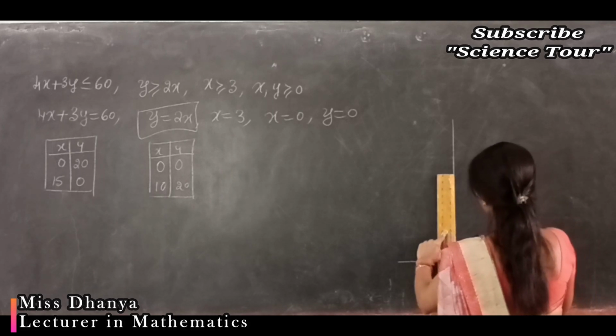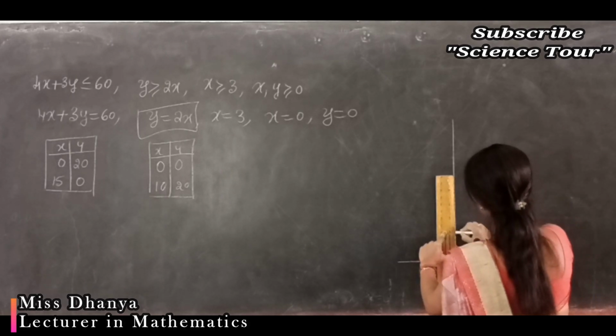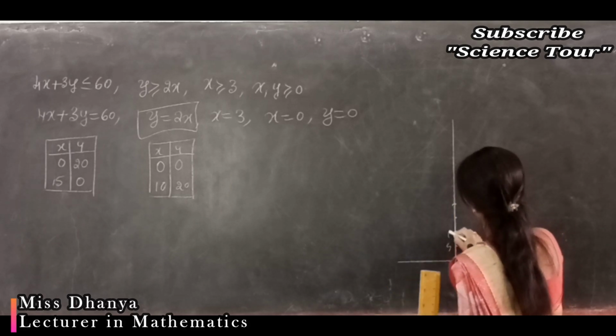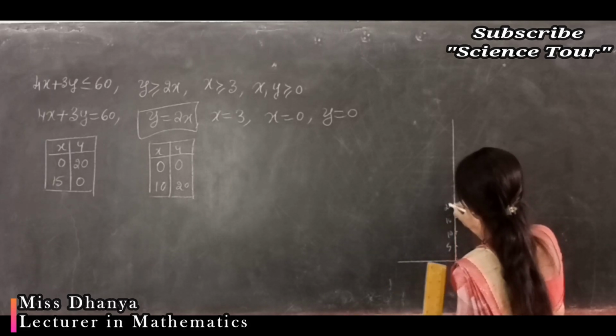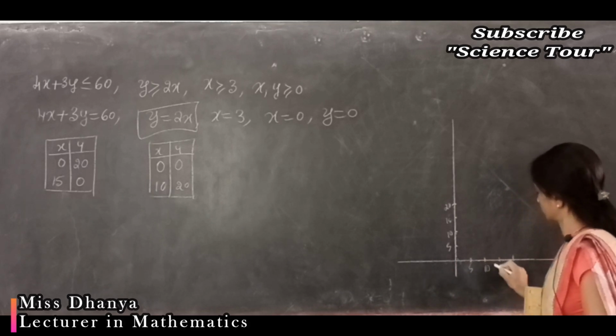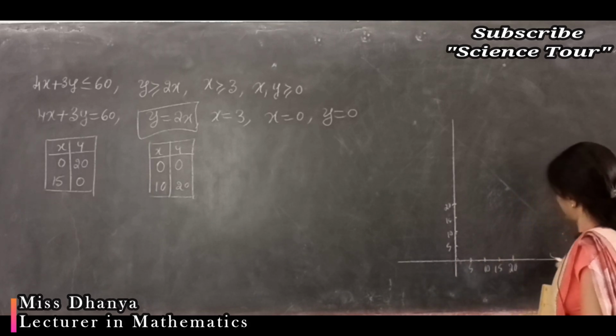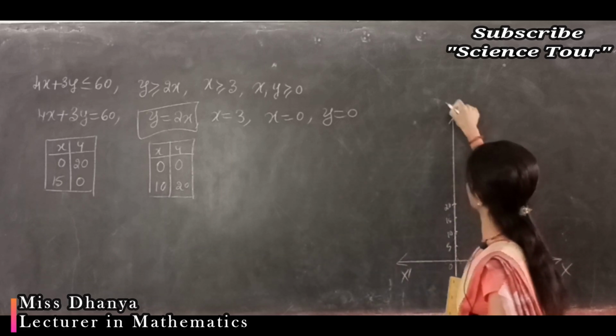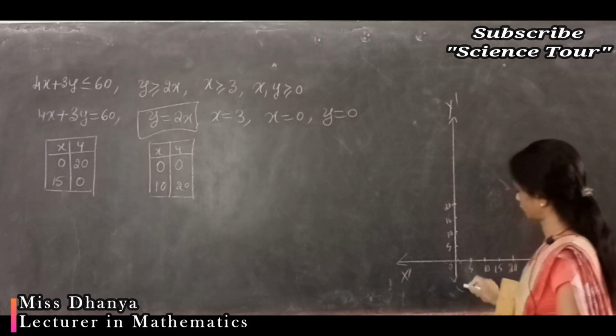On the y axis mark 5, 10, 15, 20. X axis is XOX dash, y axis is YOY dash.